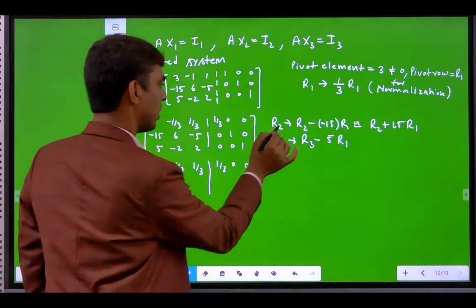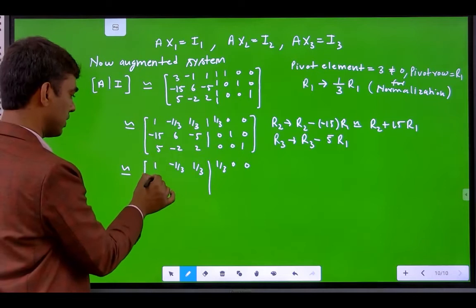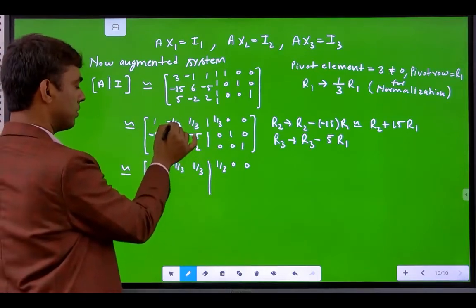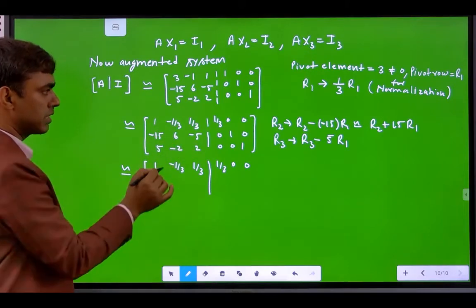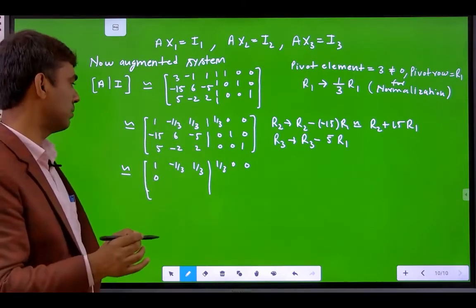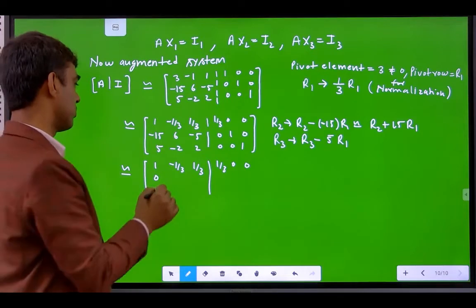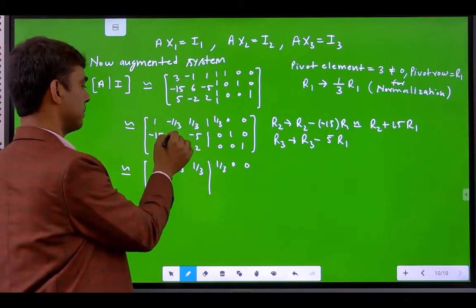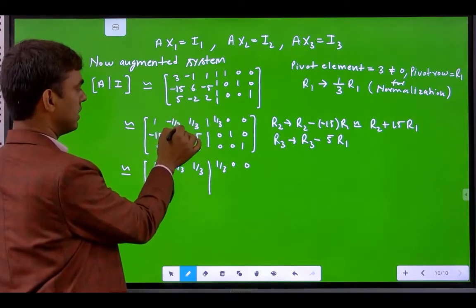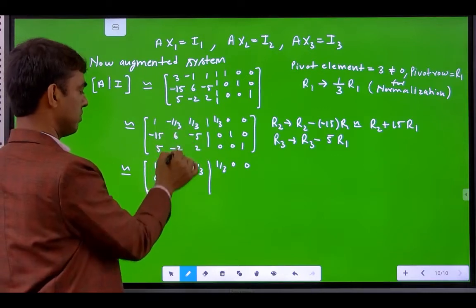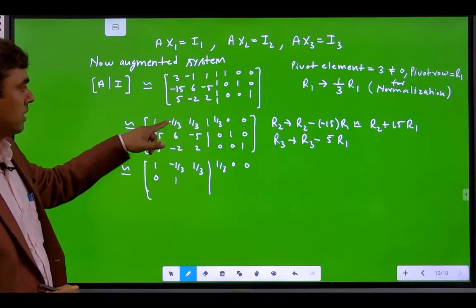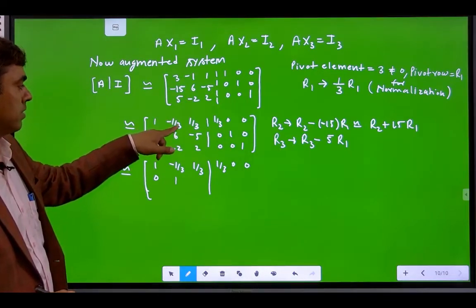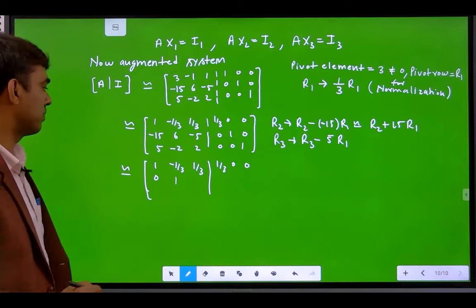In the second row, R2 plus 15 R1. So this becomes 0. R2 plus 15 R1 gives minus 15 by 3 plus 6. 6 plus 15 by 3 means 18 by 3, which is 1. If we multiply here by 15, this becomes 15; 6 minus 5 becomes 1.